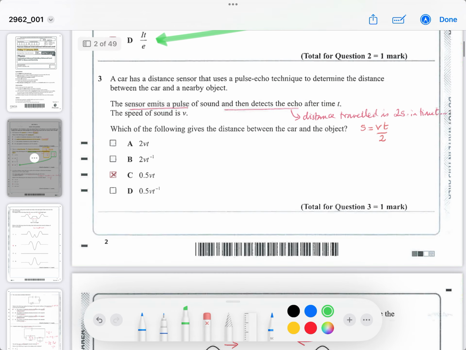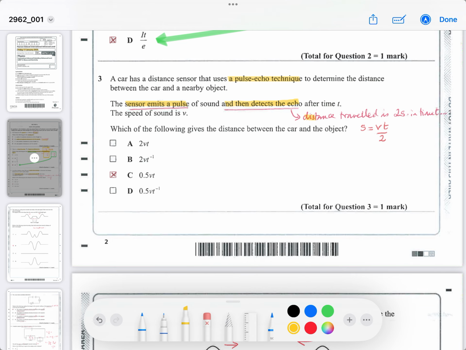Okay. Number 3, a car has a distance sensor that uses a pulse echo technique. That means it sends out a pulse to determine the distance to a nearby object. The sensor in the car emits a pulse of sound, and then detects the echo after a time t.